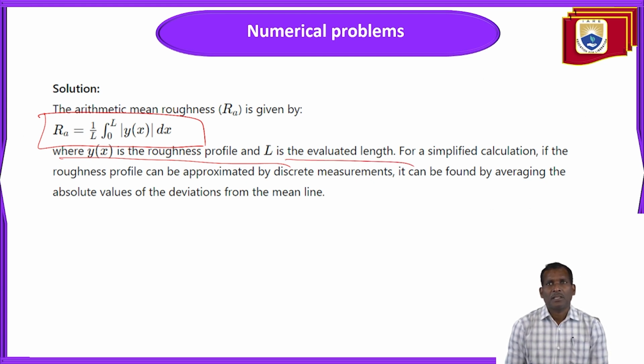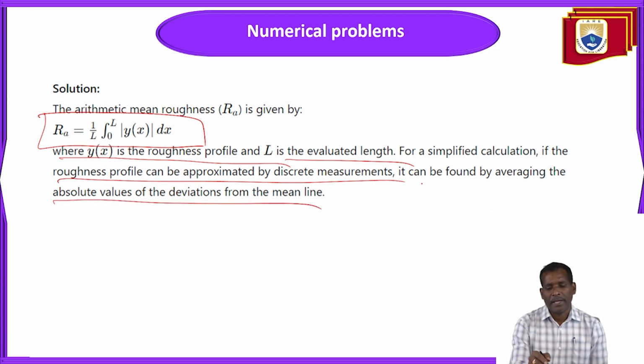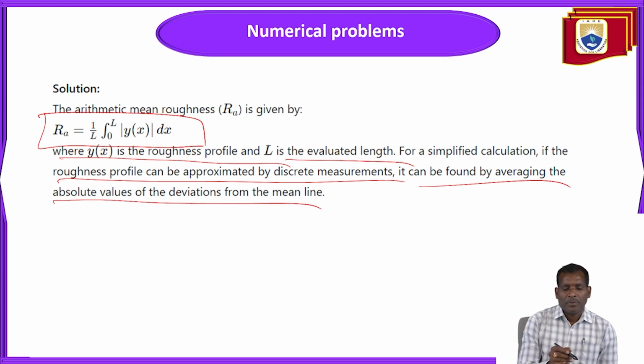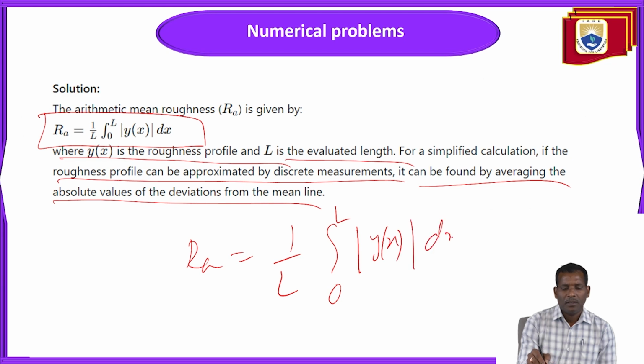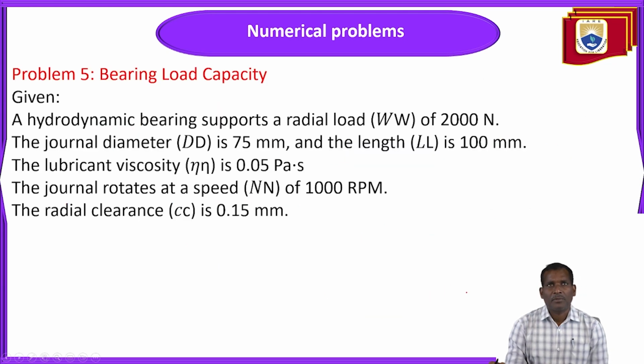For a simplified calculation, if the roughness profile can be approximated by discrete measurements, it can be found by averaging the absolute values of the deviations from the mean line. The equation is Ra equal to 1 by L integral 0 to L of mod y dx. You will get the roughness value.